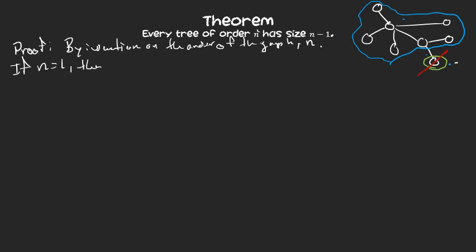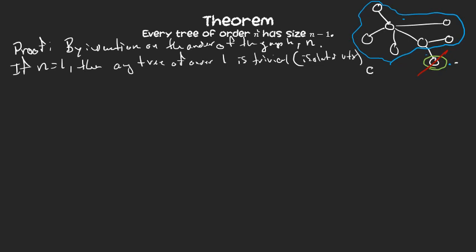then any tree of order 1 is trivial, that is, it's an isolated vertex. It's just a single vertex by itself.